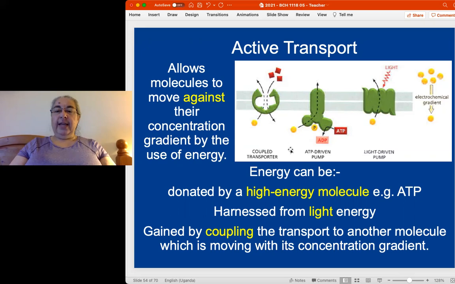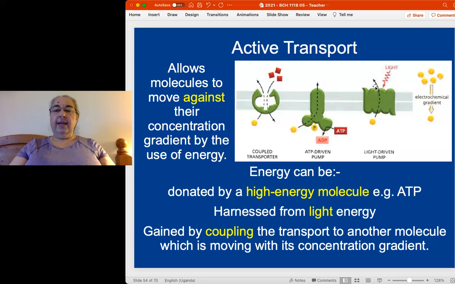So here we see a number of different ways that energy can be used in transport. Here is a very common method. It's an ATP driven pump. So the energy from ATP, the energy currency of the cell, is being used to pump a molecule against its concentration gradient.